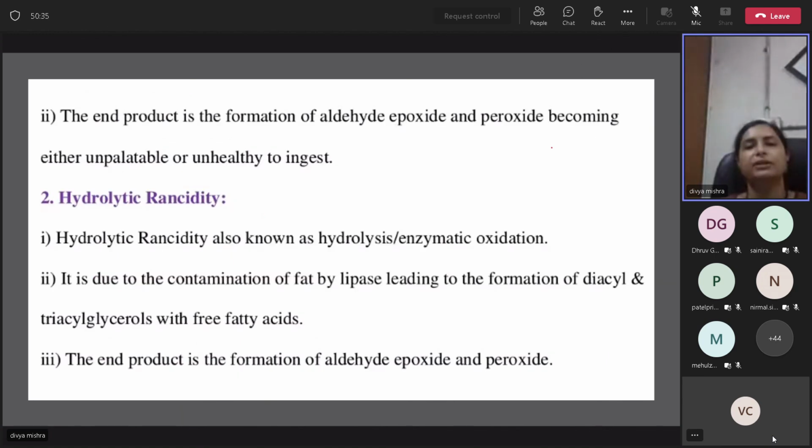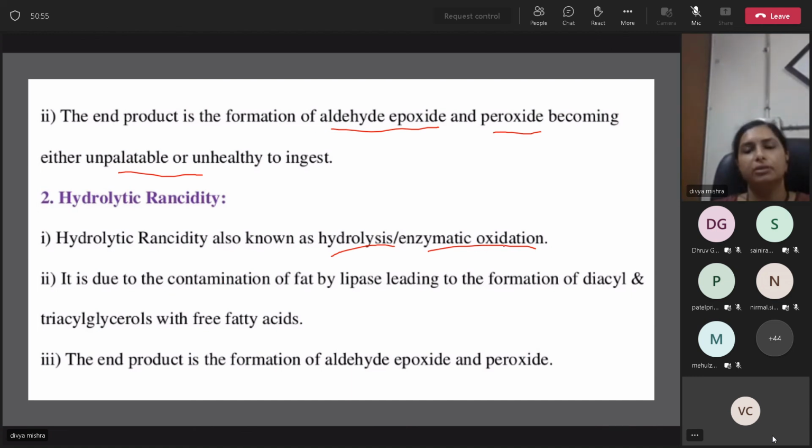The end products are aldehyde, epoxide and peroxide, due to which it becomes unpalatable to eat. Then second is hydrolytic rancidity, caused by hydrolysis or by enzymatic oxidation.